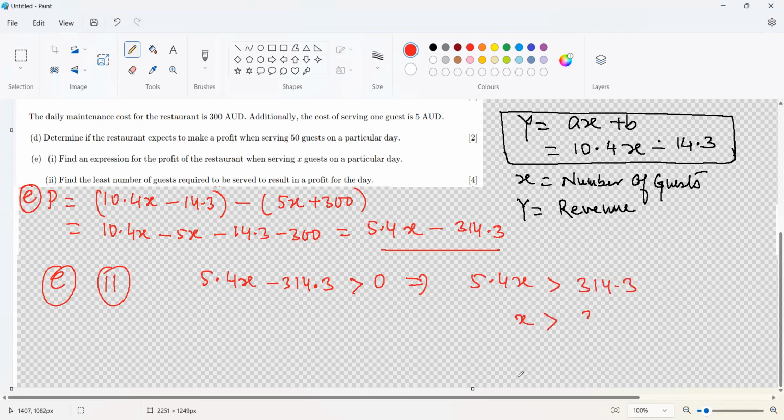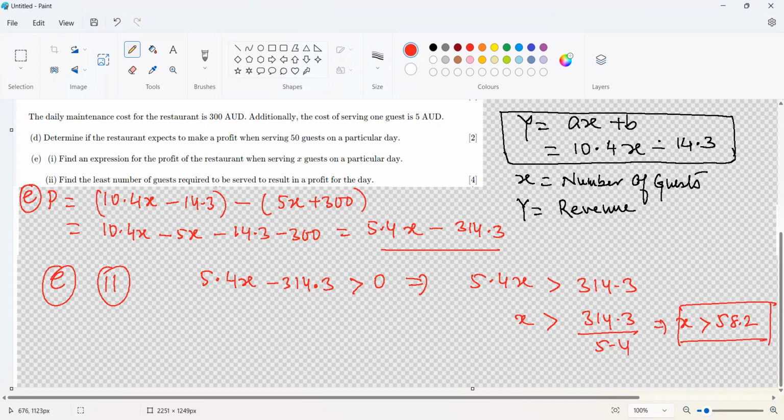So x should be greater than 314.3 divided by 5.4, which we obtain as 58.2. X should be greater than 58.2.